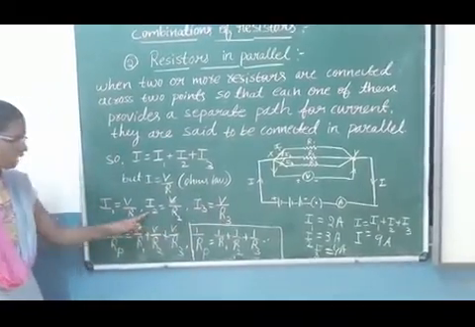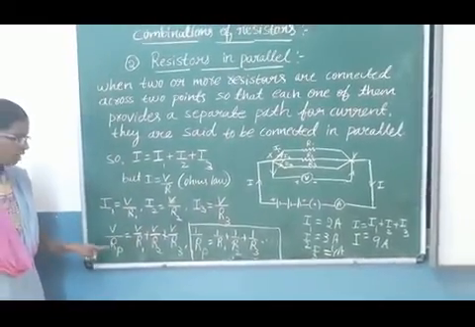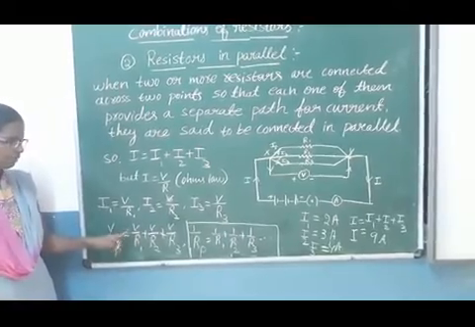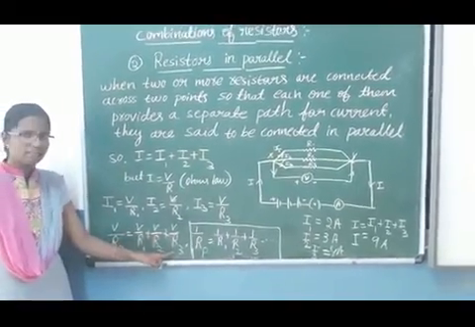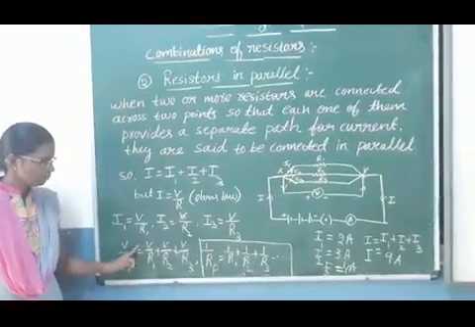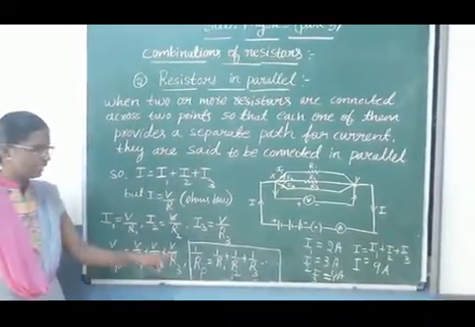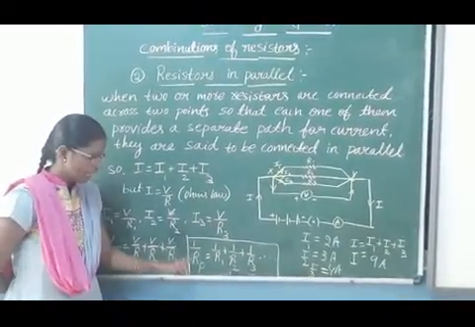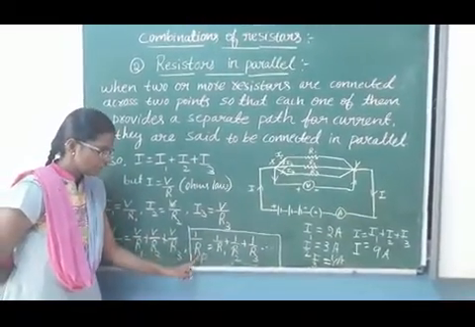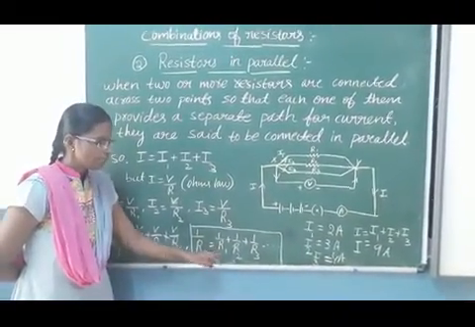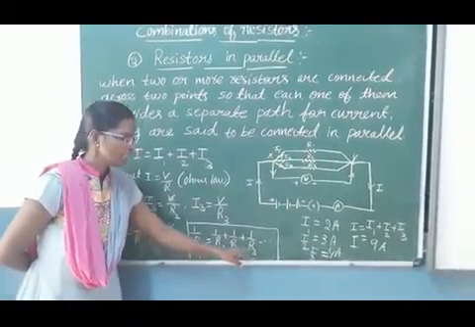Substitute all these values, then we get V by Rp is equal to V by R1 plus V by R2 plus V by R3. So we take out the common term V, then we get the total resistance in parallel, or you can also call it the equivalent resistance in parallel, is equal to the sum of the reciprocals of the individual resistors.